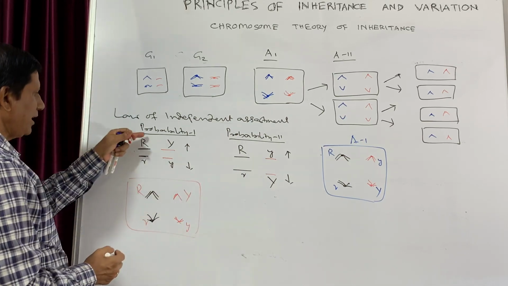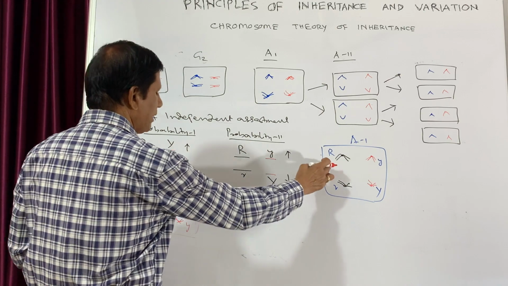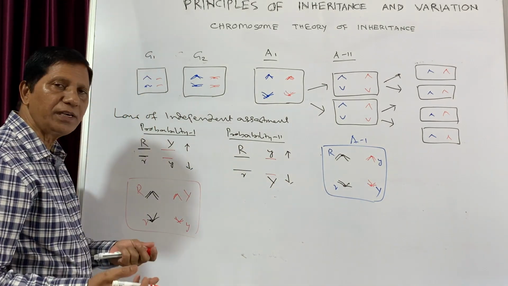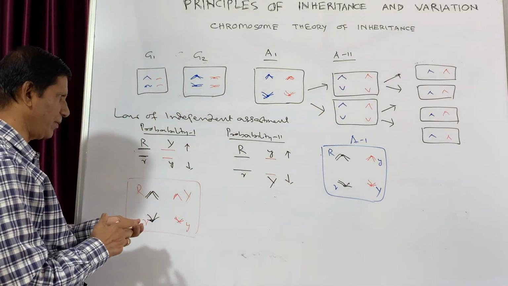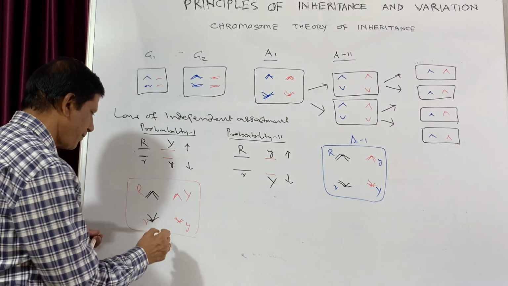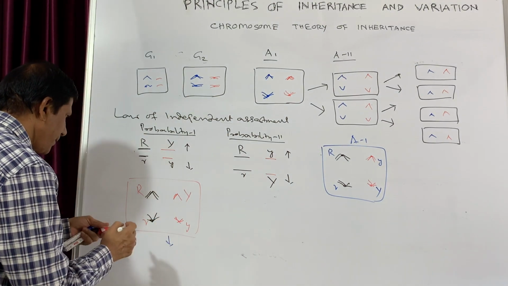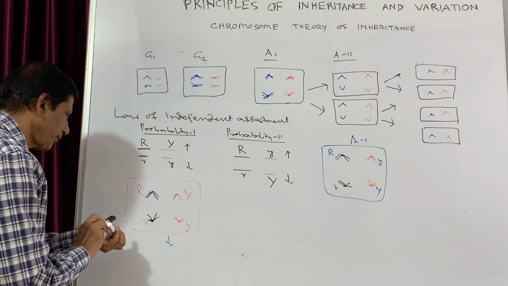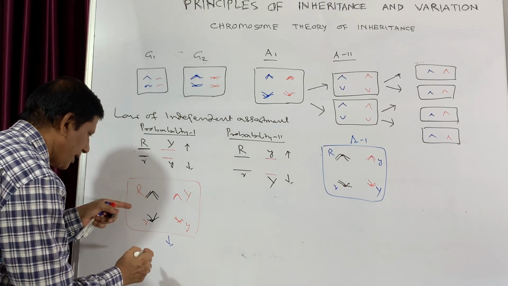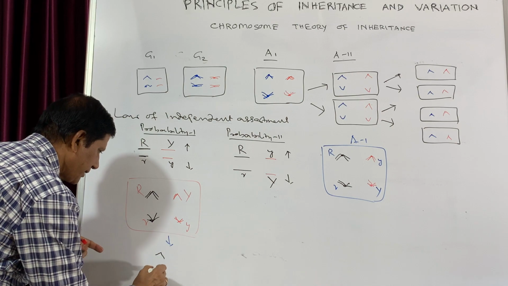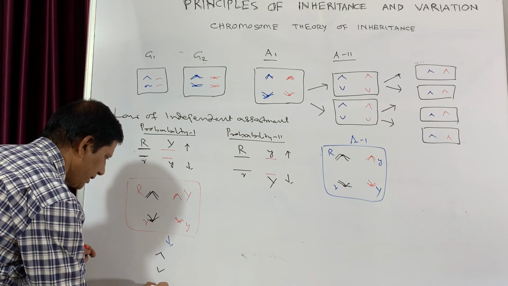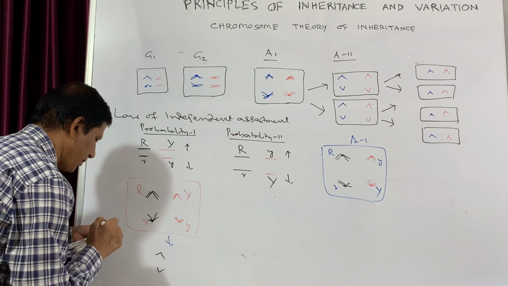That means here the arrangement is like this, but here the arrangement is like this. So ultimately in anaphase 2 what will happen? Now in this case, this will move to one side, this will move to one side, this will move to one side, this will move to one side.